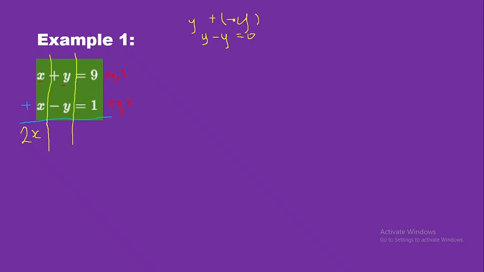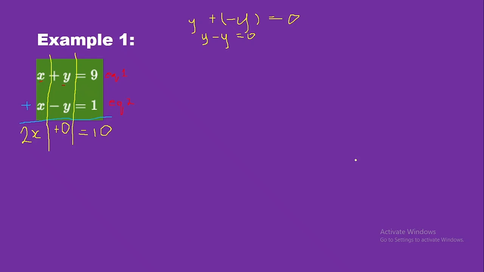So y plus negative y is also equal to 0. By adding these two variables, the positive y plus the negative y, they basically cancel out. So we will have no variable right here. We can put a plus 0 if we want to, or we could just have 0. And that is all equal to, 9 plus 1, which is equal to 10.